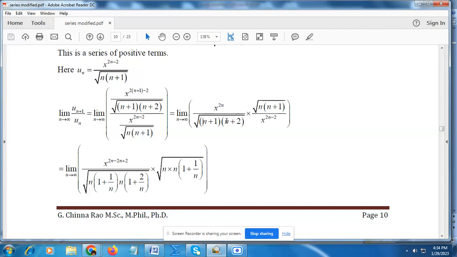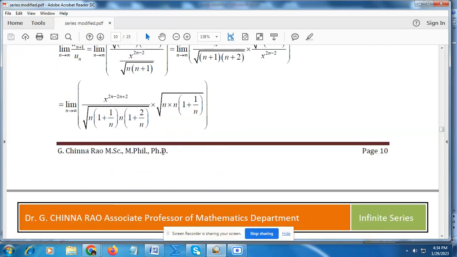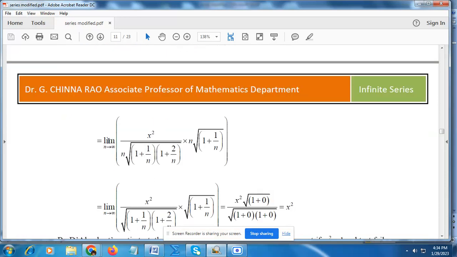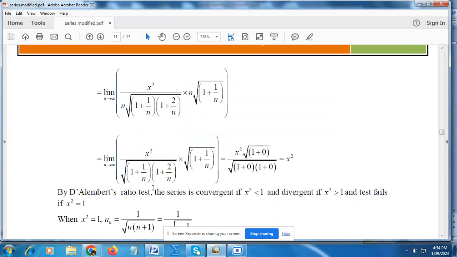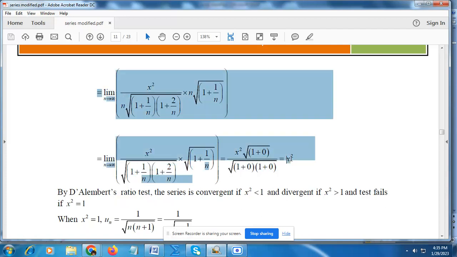Here also take n common. Finally, root n square is n. Here also root n square is n. Now cancel n in both numerator and denominator. As n tends to infinity, 1 by n tends to 0. Root 1 is 1, root 1 is 1. So finally, we have x square.